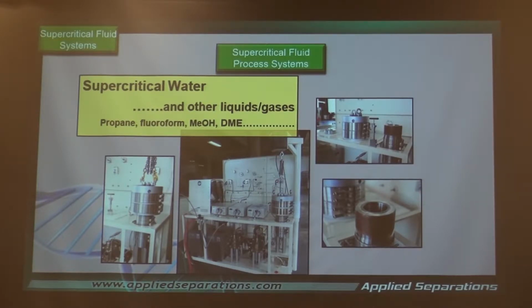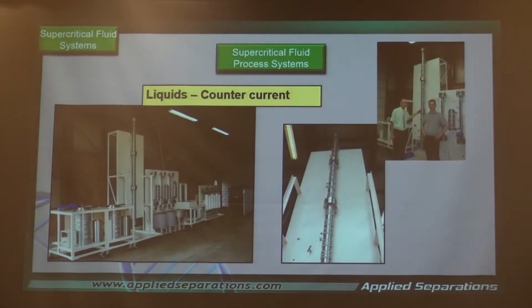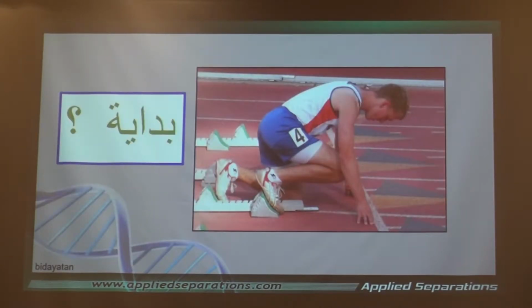Now, safety considerations are very important, obviously. When you have supercritical propane, it's not a good idea to smoke in the environment. I'll talk about this a little bit more. Liquid countercurrent, so you can extract liquids with supercritical carbon dioxide as well.